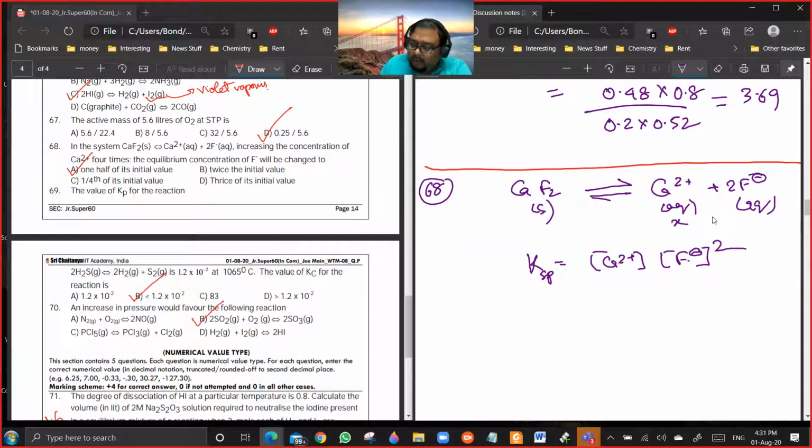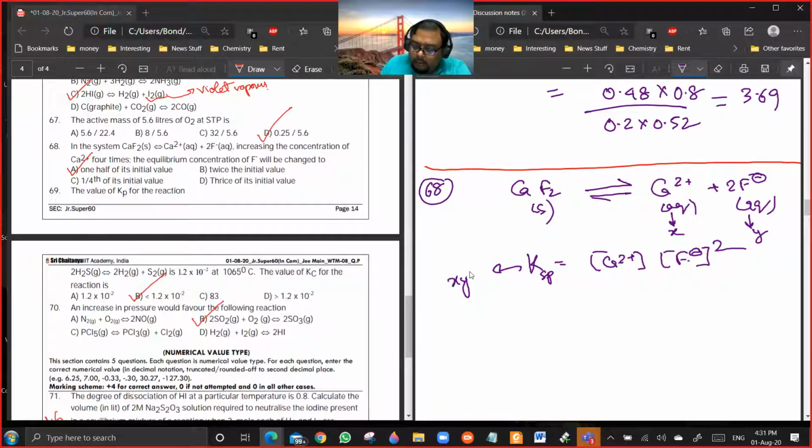Suppose I am saying that increasing the concentration 4 times, what will happen to the equilibrium concentration? So let us say that at equilibrium the concentration is X and this concentration is Y. So what will be Ksp? Can you tell me what is the equilibrium constant?